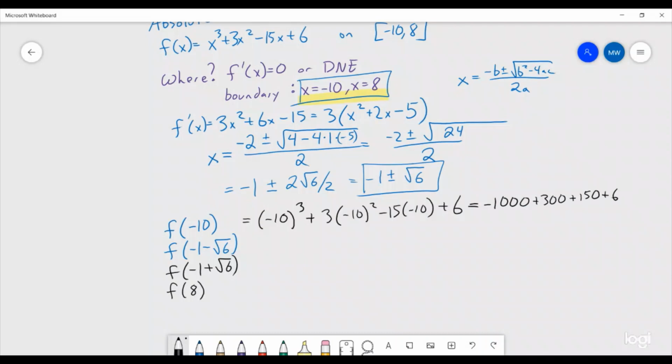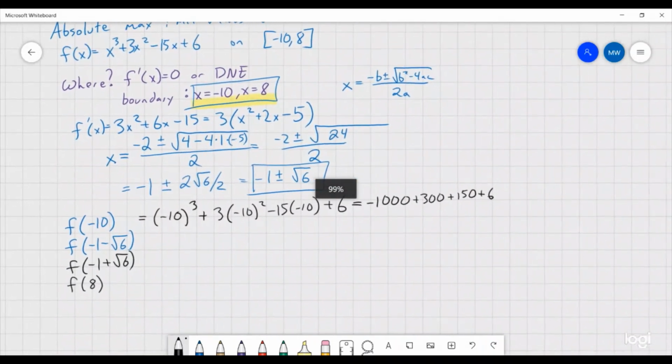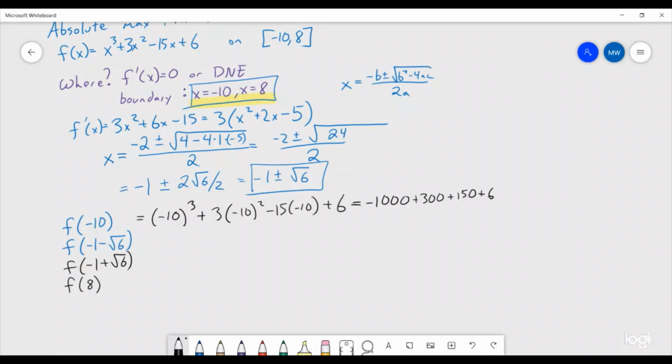So that is going to be pretty negative. Let's see what exactly that is. That's minus 700 plus 150, that's minus 550, minus 544. I hope that's right. I did that in my head.